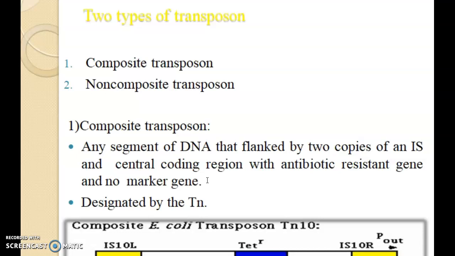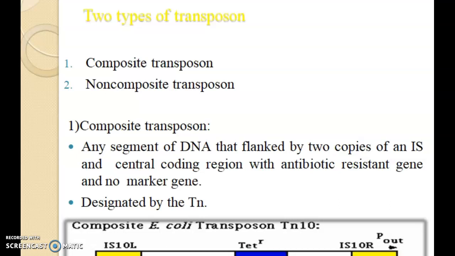First is the composite transposons. They have a central segment containing genes for drug resistance and are flanked on both ends by IS elements. The IS elements are of the same type in a particular transposon and they are designated as IS left and IS right.